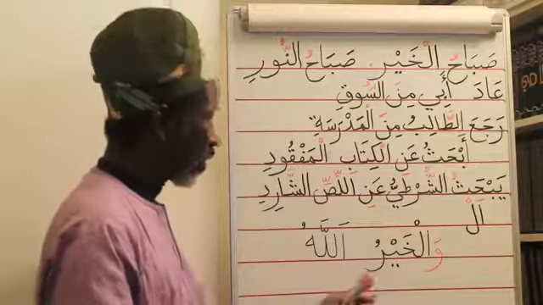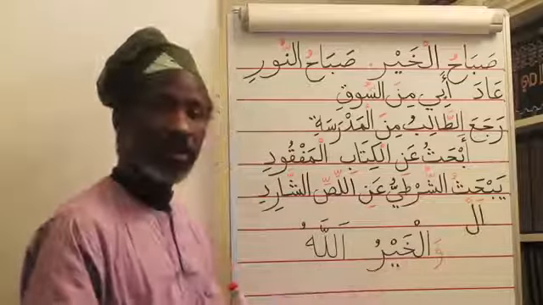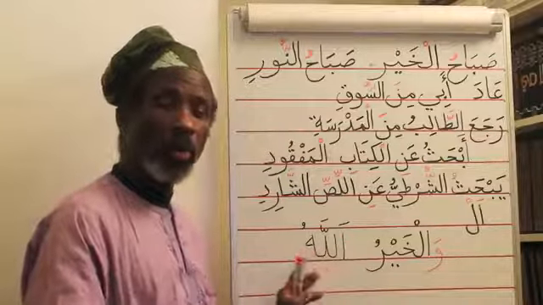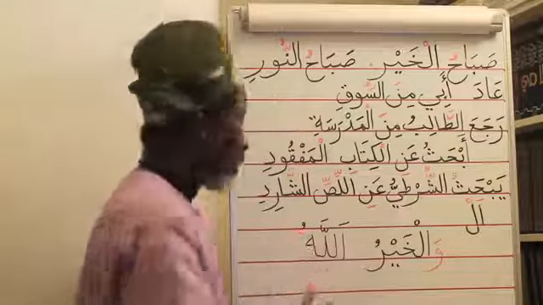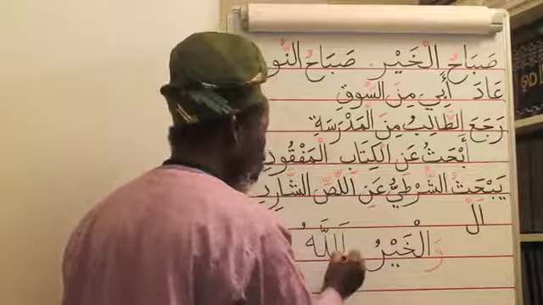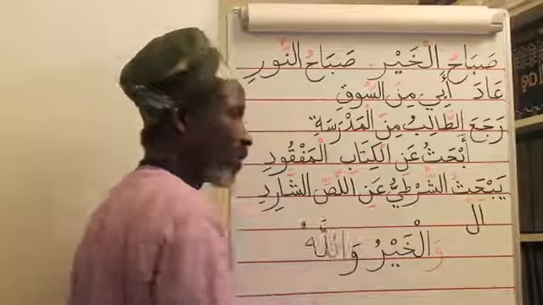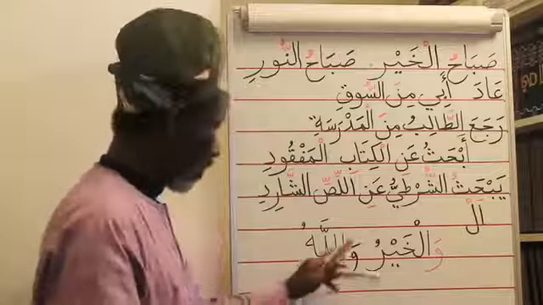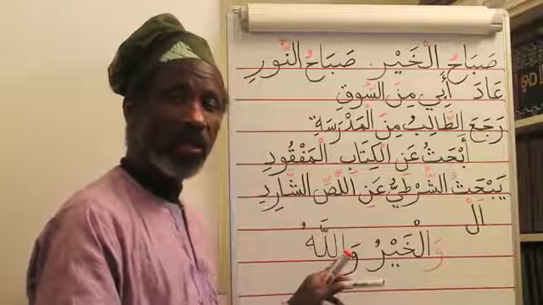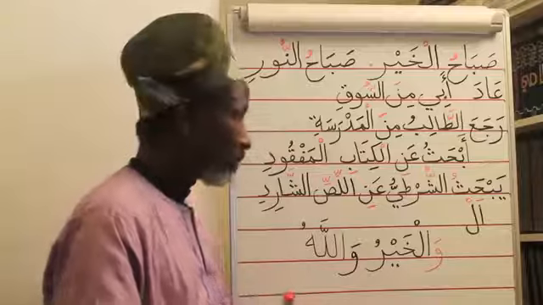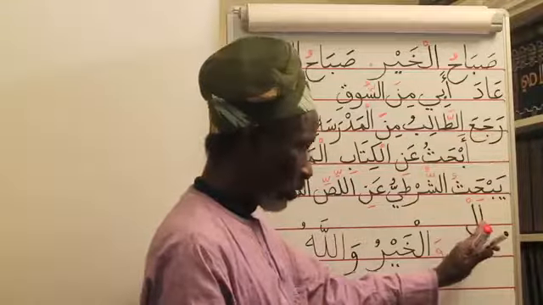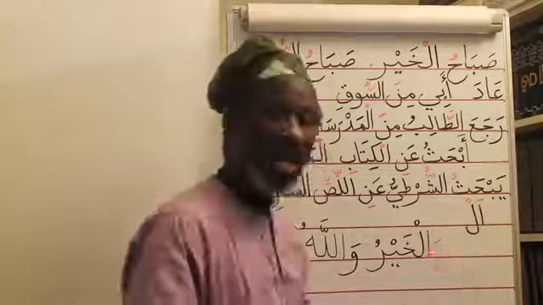But if you put waw there, by God, you say Wallahu, not wa Allahu. You say Wallahu. Wallahi. Mathalan, Wallahi. Wallahu. That alif is still there, but is now silent. That's one principle. So now let's move back to the L now.